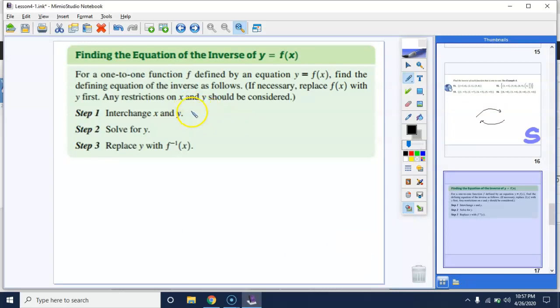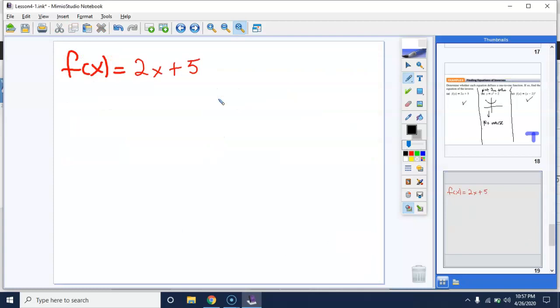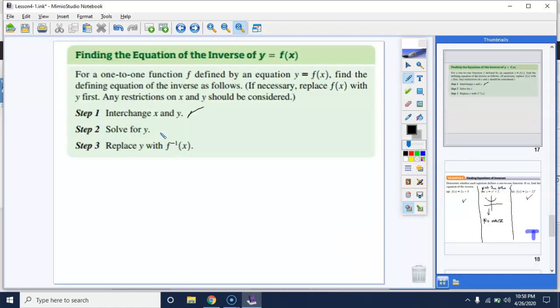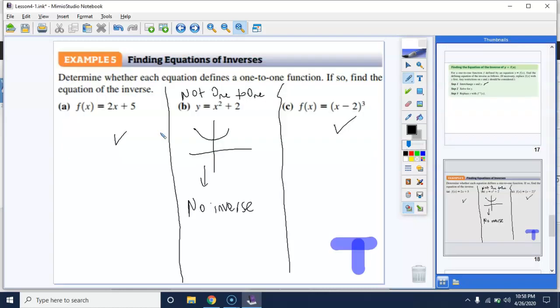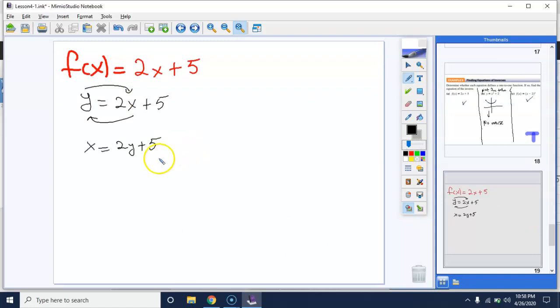Remember that three-step rule I mentioned earlier over here. Step 1, interchange, replace x and y. So f of x means y equals 2x plus 5, right? So step 1 was replace them. It's going to be x equals 2y plus 5. And the second step was solve for y, get y alone there. So to get y alone here, we should do what?